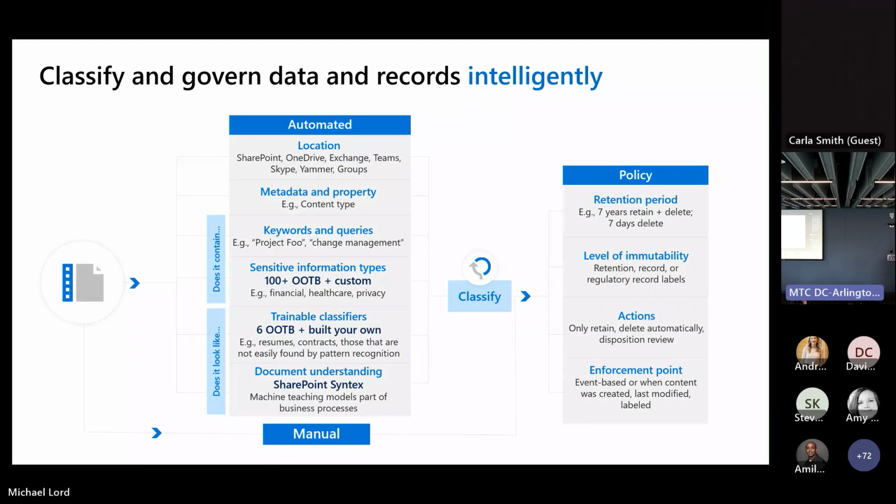So from this perspective, this is how we're classifying things. This is how we're pulling all of this together. We're looking at location, we're looking at metadata and properties, we're pulling in this concept called sensitive information types. And sensitive information types, I'm calling that one out very specifically, is important because we're generating this concept of how different tools within the environment can consume an understanding of what data is, right?